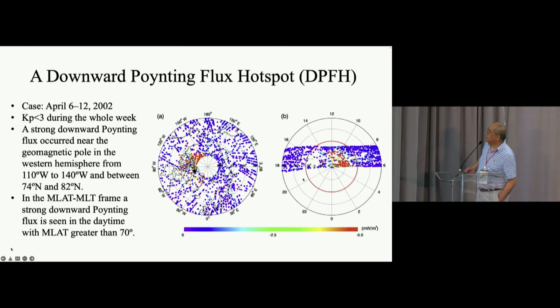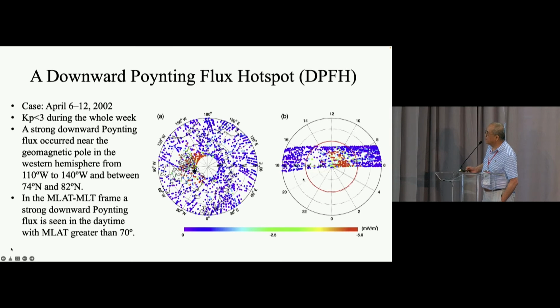So for the results, this first gives a case study of a downward Poynting flux hotspot. What they found in this one is April 6 to 12, about one week of time, where Kp is always smaller than 3 for the entire week.